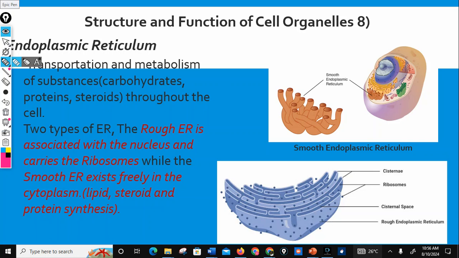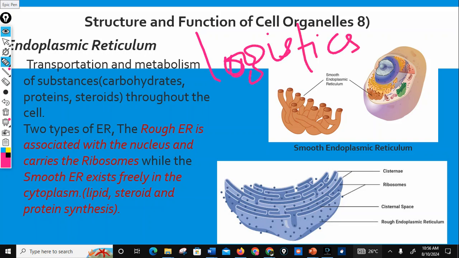That is why some textbooks might tell you that the rough endoplasmic reticulum also functions in the production of proteins. Actually, they are not the ones producing the proteins. It is the function of the ribosome to produce those proteins. But because those ribosomes are attached to them and they already function in cell logistics, they will be able to transport those proteins that are produced by the ribosomes.